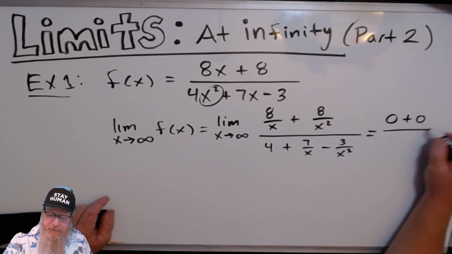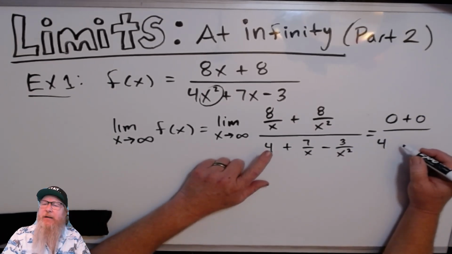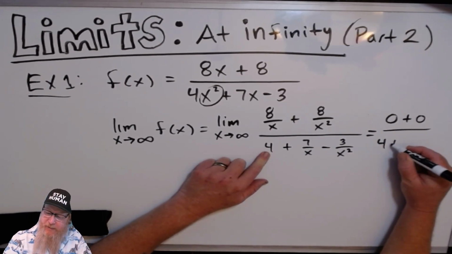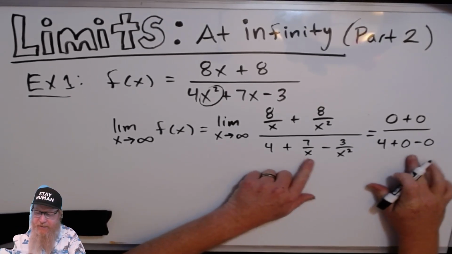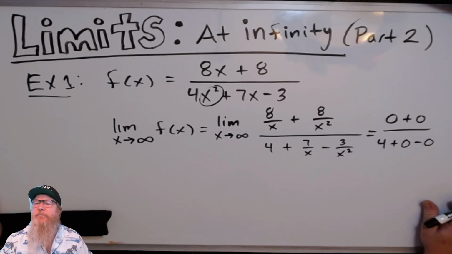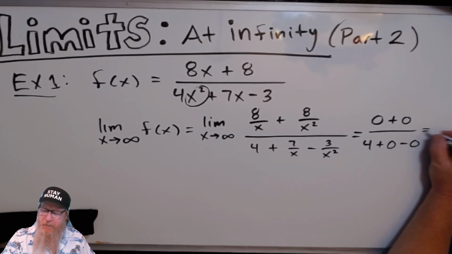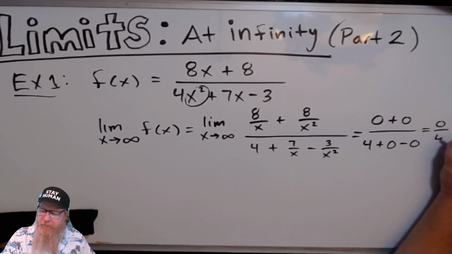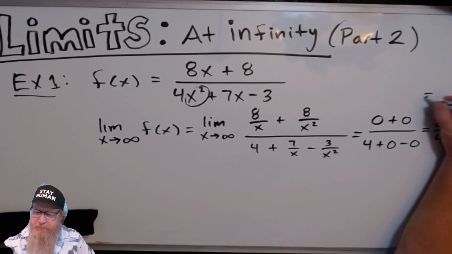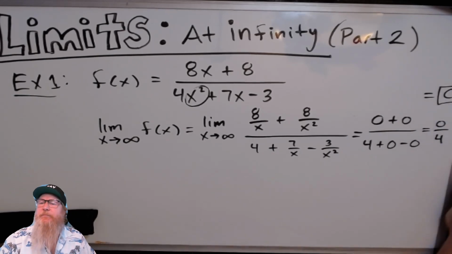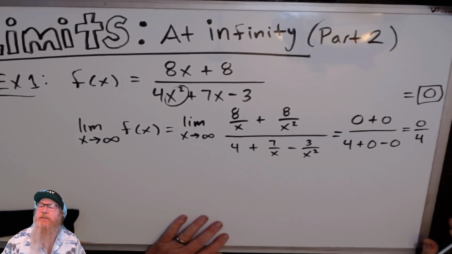The limit will be 0. Now this one is a constant, so the limit of a constant is just a constant. That's 4, and then these limits are both 0. So the limit is 0 over 4, which is equal to 0. So the limit exists. It's equal to 0.